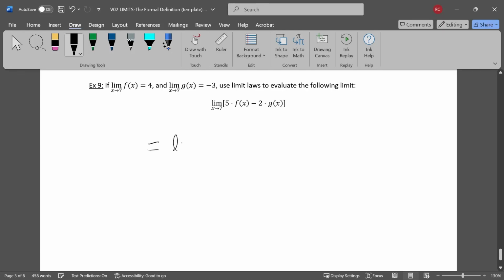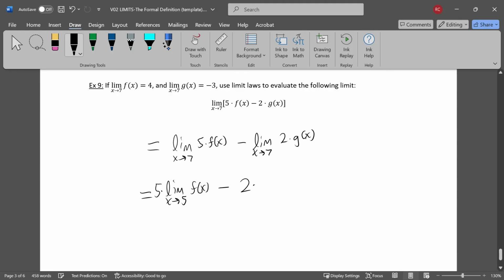So we need to instead use our limit laws to rewrite these things. The first thing I'll use is the difference law. And the next thing we'll do is use the constant multiple law that says I can move this constant multiple 5 in front of the limit and leave f of x inside.